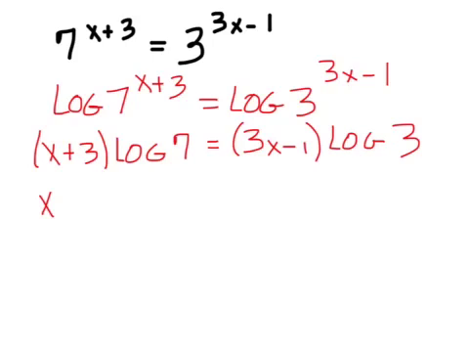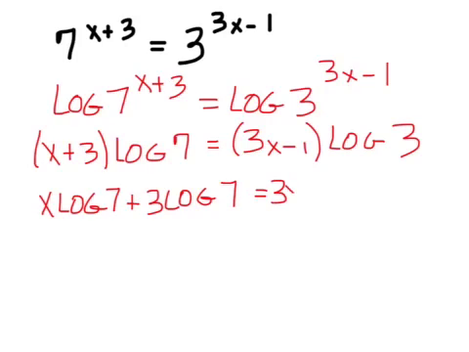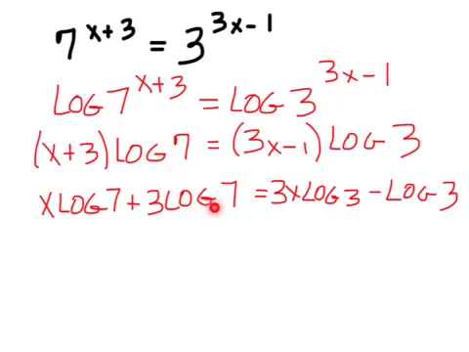You would get x log 7 plus 3 log 7 equals 3x log 3 minus log 3. You are not multiplying 3 times 7 to get 21 anywhere. This is just one term. Think of this as a variable, x.